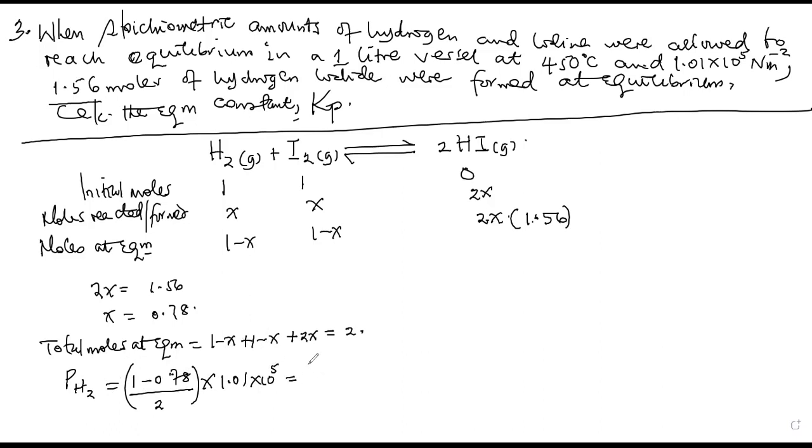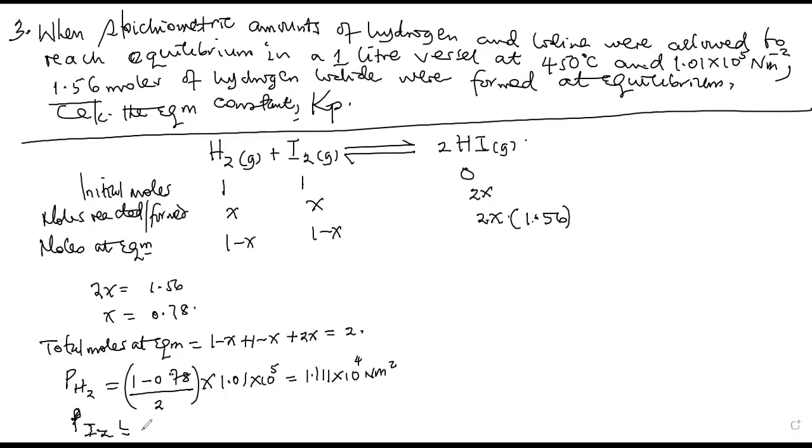So you will get the pressure of hydrogen as 1.111 times 10 to the power 4 Newton per meter squared. Then we also get pressure of iodine.